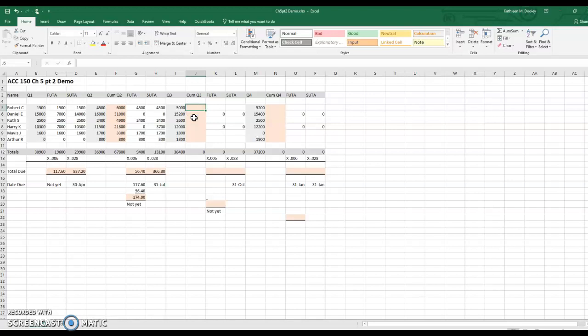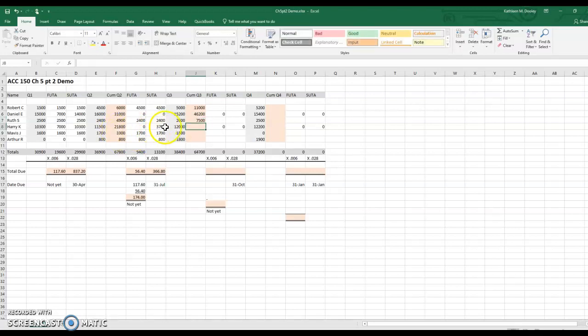Okay, for ending cumulative for quarter 3, we take cumulative from quarter 2 and add quarter 3. So we now have 11,000 and 31,000 plus 15,200, 46,200, and we have 4,900 plus 2,600 is 7,500.